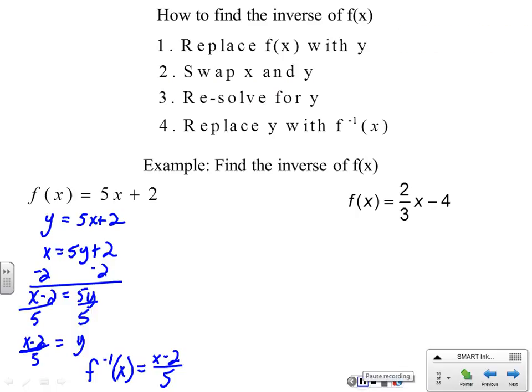All right, I'm going to catch up with you and just see how we did. So I'm replacing f of x with y, and then I'm going to flip-flop. And then I'm going to resolve for y.